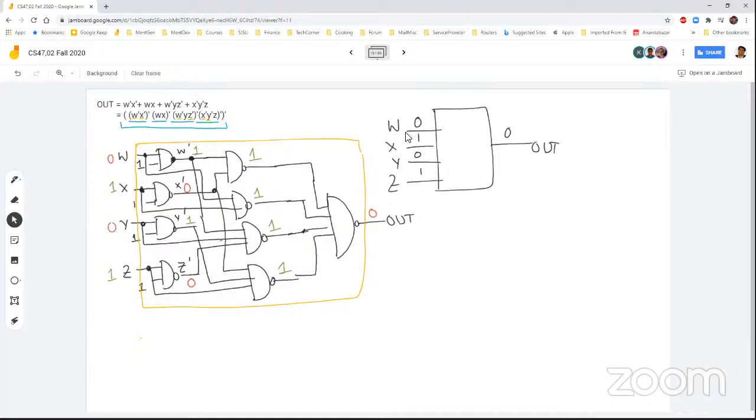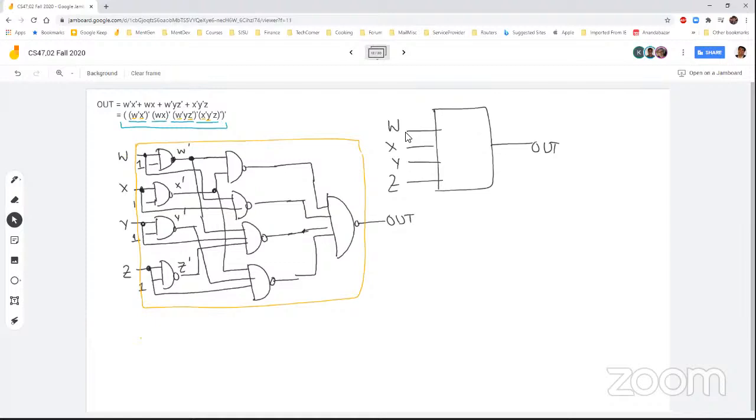The other part, let's take another test.